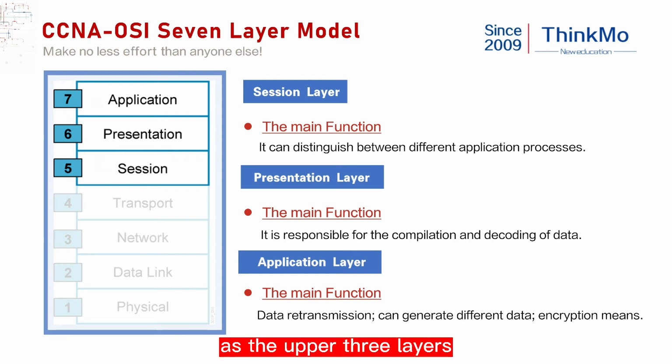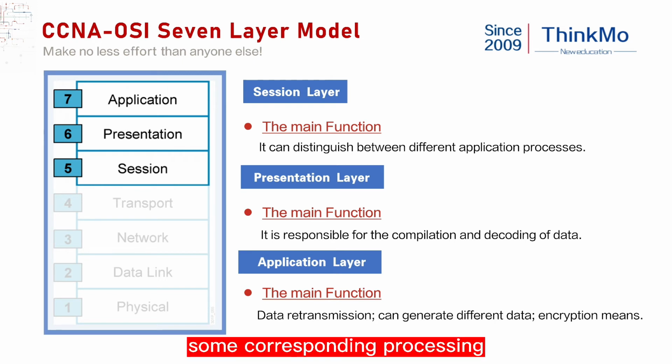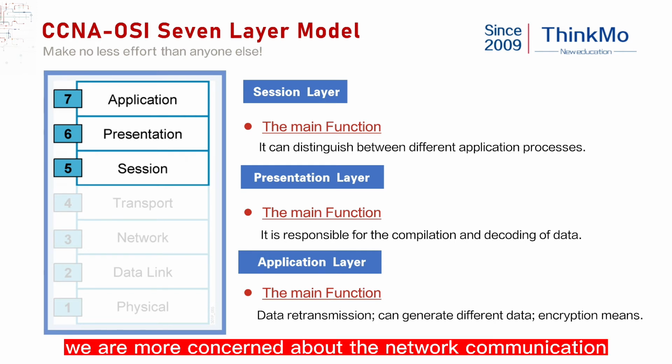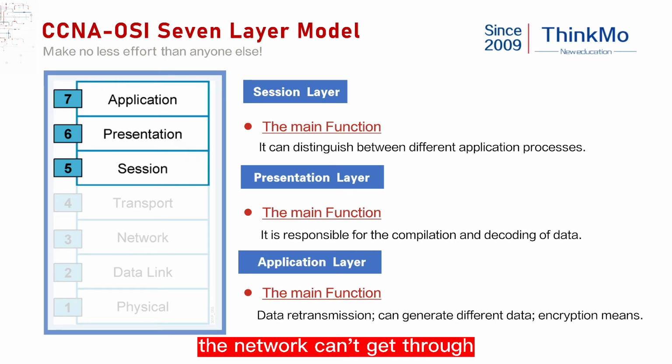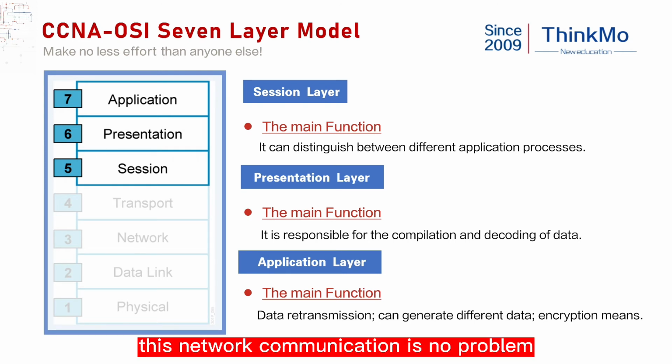The upper three layers are more about development, and that's what developers do. For us network engineers, we are more concerned about network communication, that is, whether the network can get through. As long as we do well down to the fourth layer, the network communication is no problem.